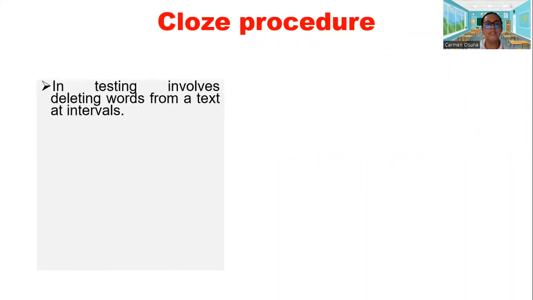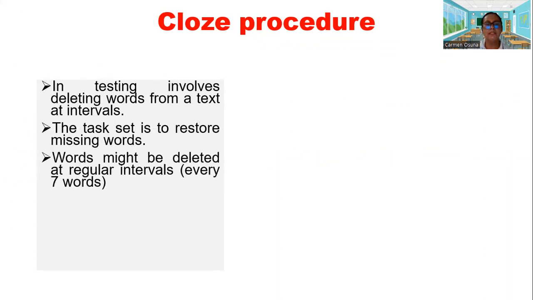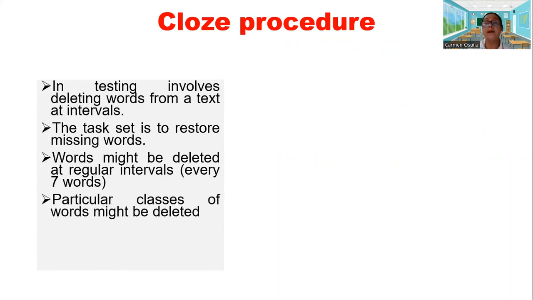Cloze procedure in testing involves deleting words from a text at intervals. The task set is to restore missing words. Words might be deleted at regular intervals, every 7 words, for example. Particular classes of words might be deleted.